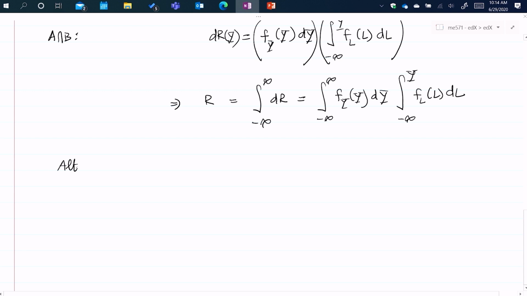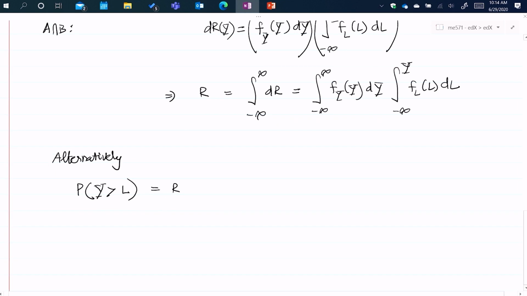Alternatively, you could ask: what is the probability that strength will exceed L, given a load value? That is equal to the integral from minus infinity to plus infinity of the load density times dL, and the integral from L to infinity of f sub y of y dy.